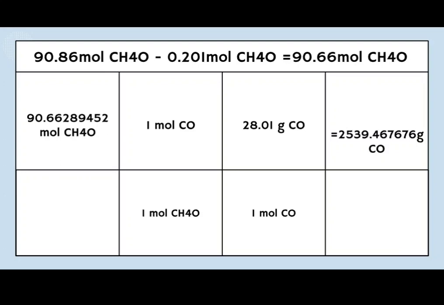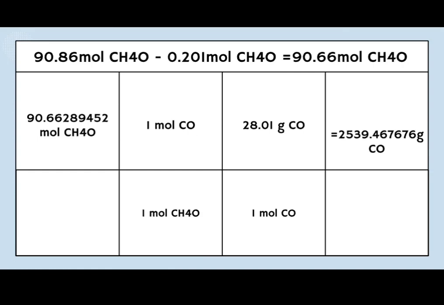So we're going to subtract the 0.201 mole of methanol from the 90.86 moles of methanol, and you should get 90.66 moles of methanol.